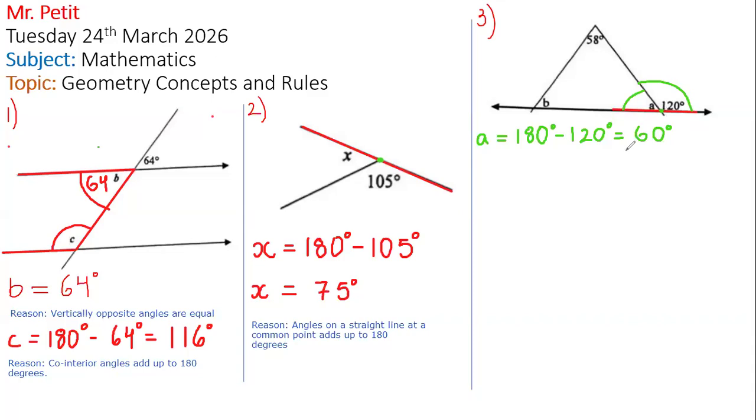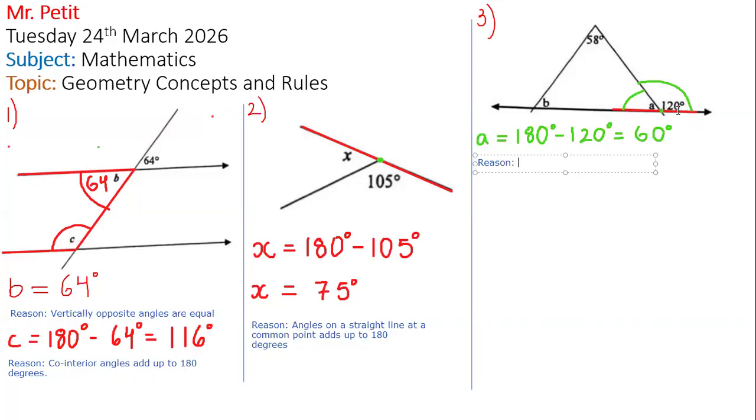Anthony, do you understand how we got 60 for A? Can you say it again, please? Okay. So the reason is that we have angles on a straight line and they're at a common point. So we have A and 120.